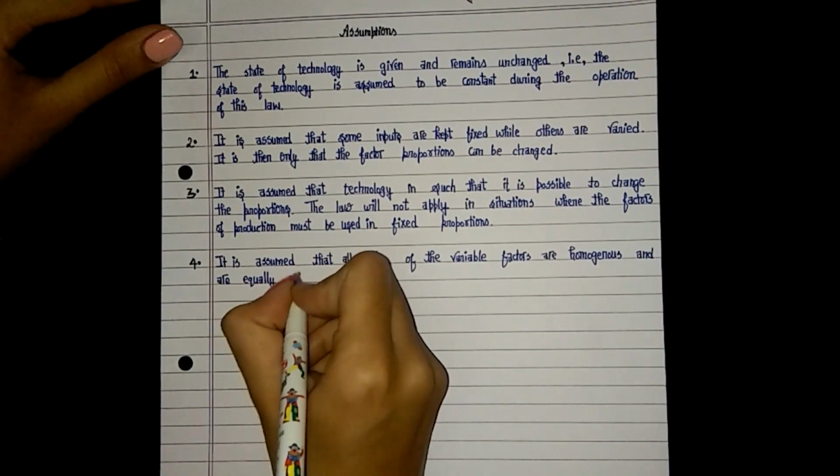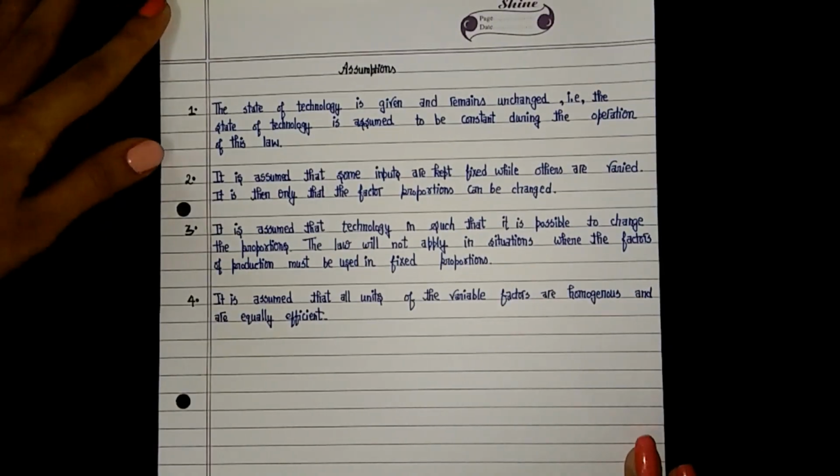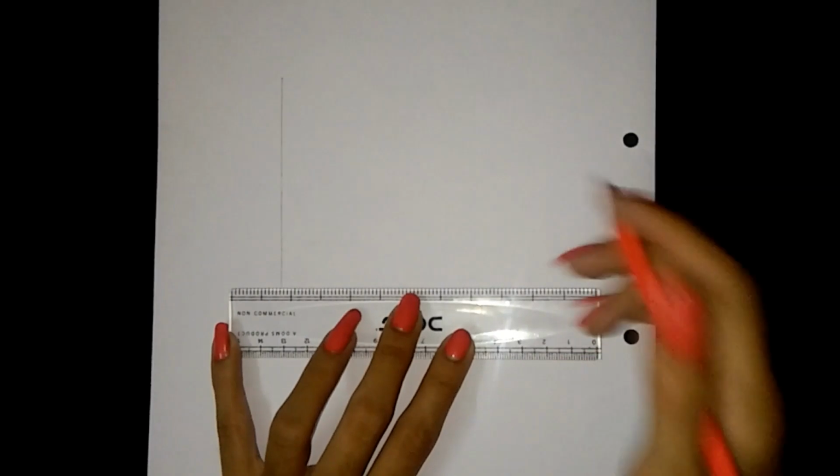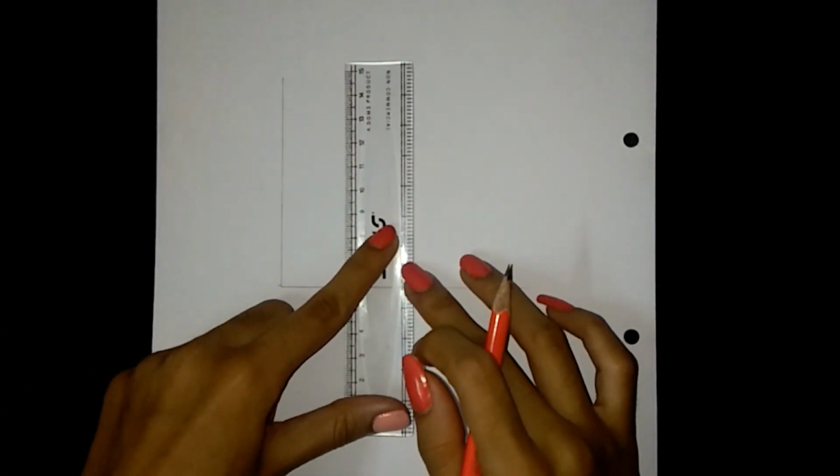So we are done with the assumption thing. Over here you have to make a diagram at the end. It's a very simple diagram, I must say.